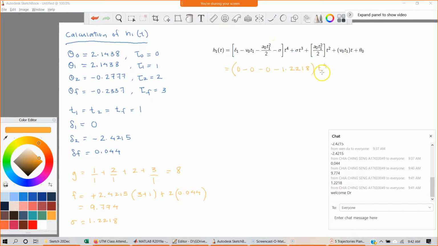So that's why t to the power of 4, plus sigma, again, 1.2218 t cube, plus A0 is 0, right? V0 is 0, plus theta 0. What is theta 0? 2.1438.